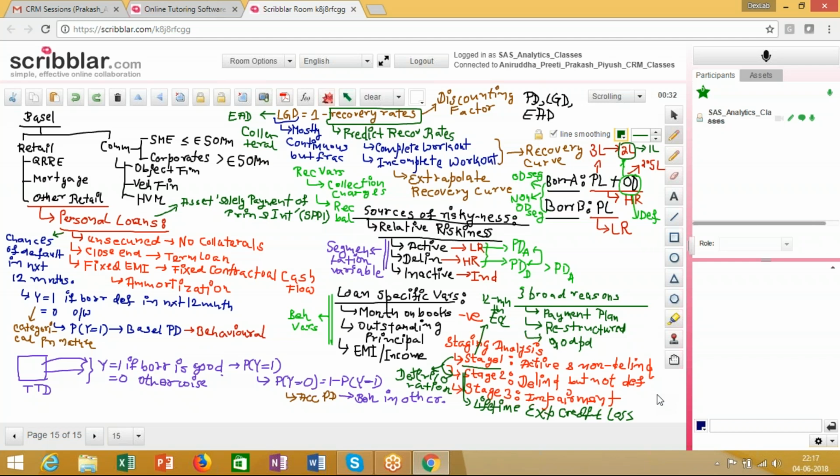One way to identify it is that I compare his acquisition PD to the present behavior PD, and if I see that it has gone down by a certain percentage, then you know that there has been a degradation in the overall credit risk. For stage one accounts, you compute the next 12 months ECL, whereas for all the degraded accounts we talk about the lifetime expected credit loss.